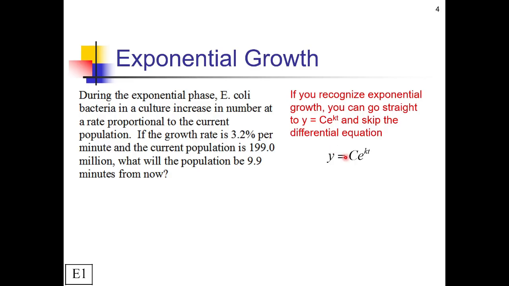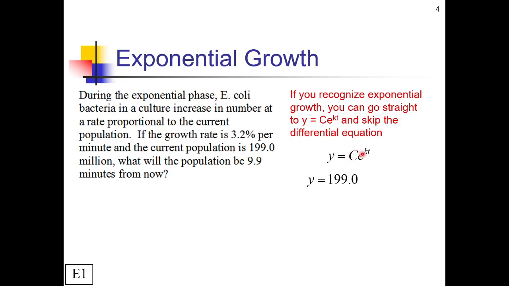For the C value, that's going to be the initial population, the current population anyway. They said that was 199.0 million, so I'll put 199 in for that. And then for the next two things, we'll do this in a couple steps. Let me first write a general equation that I can plug any time into, and then I'll plug in the time.